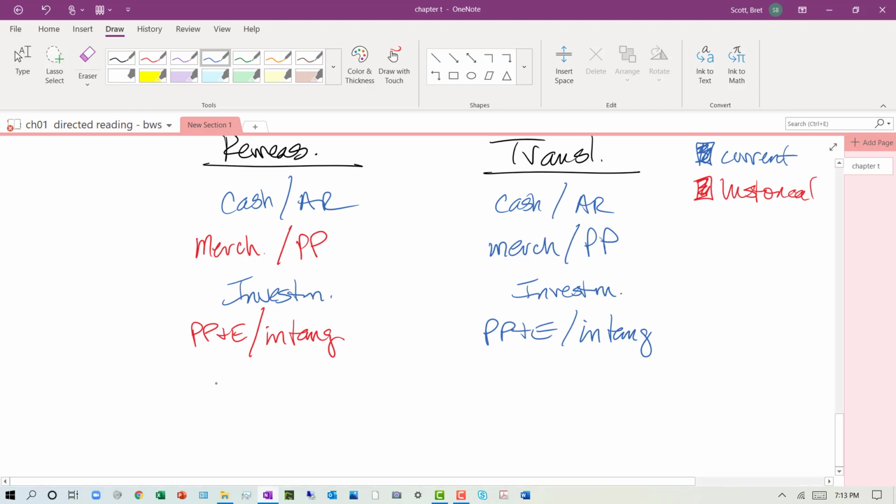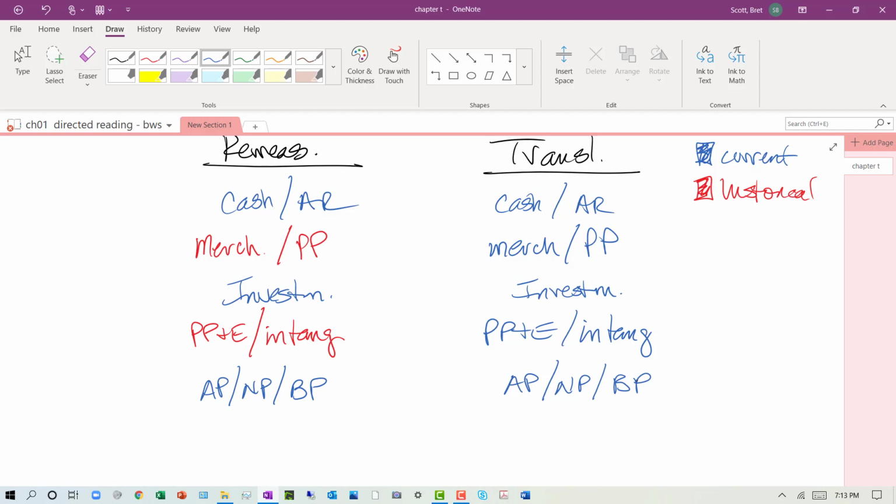What about accounts payable, notes payable, bonds payable? Primarily, these are a type of financial instrument, and there's some sort of market out there that will buy this stuff if we decide to settle it, or if the person on the other side wants to sell their receivable.